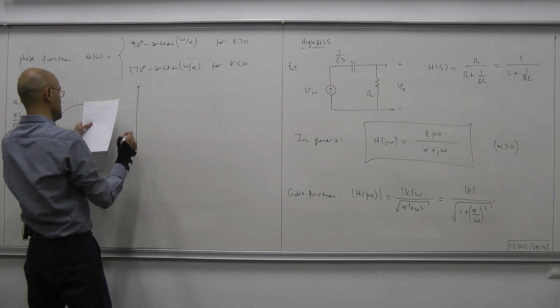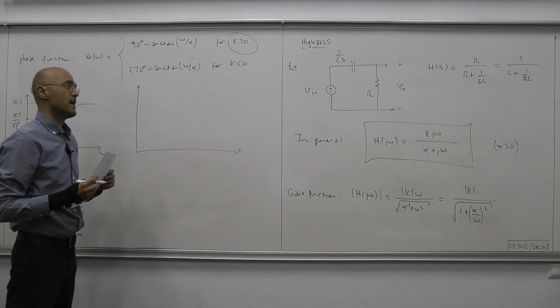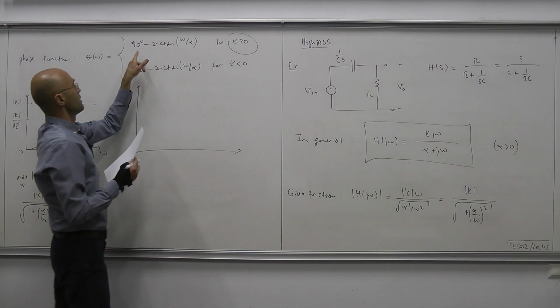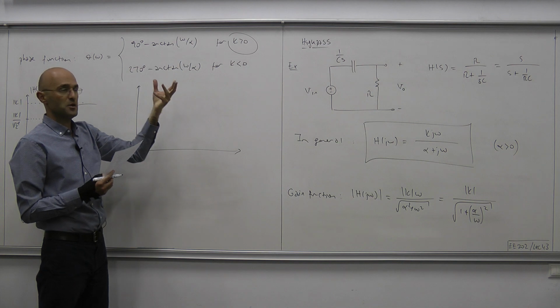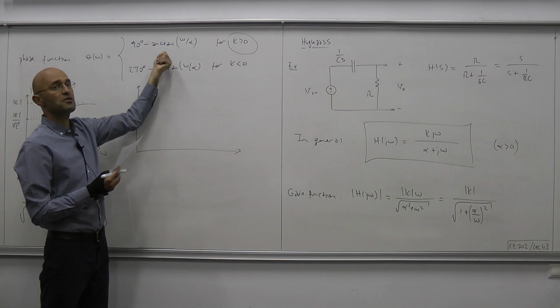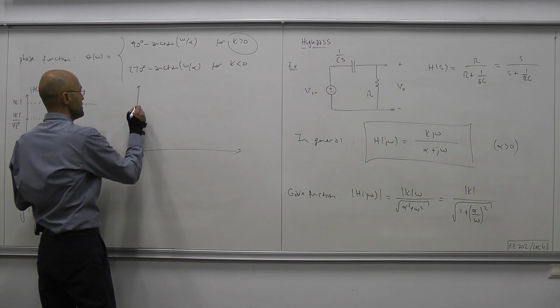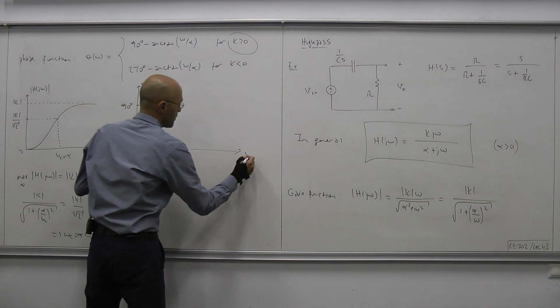Okay, and how about the phase? So let's consider the K positive situation. At omega equals 0, arctangent 0 produces 0. So the overall phase is 90 minus 0, which is 90. So we start from phase 90 degrees, theta of omega versus omega.